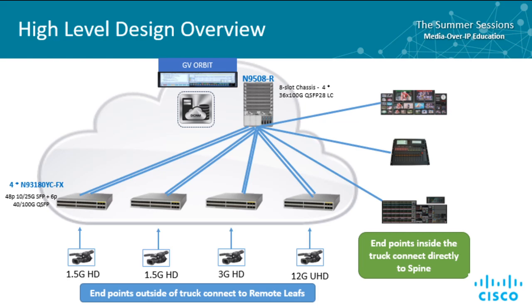And what we went with, and what we call it, is a hybrid spine leaf architecture. Okay. Made of the Nexus 9508R chassis as the spine with 36 port 100 gig line cards and 93180 YC-FX Nexus switches as remote leaves.